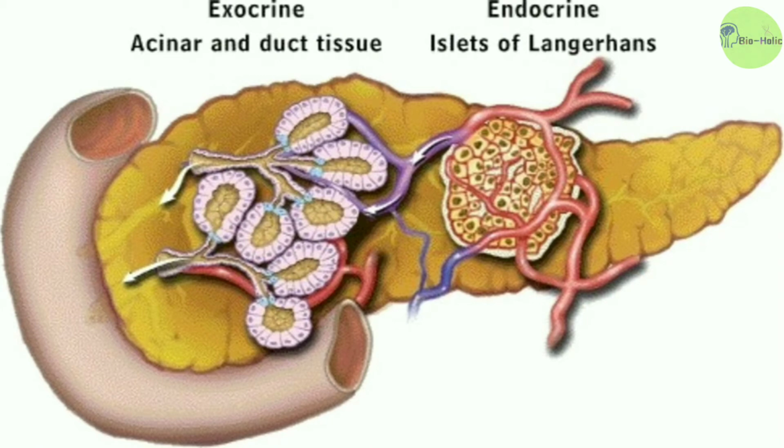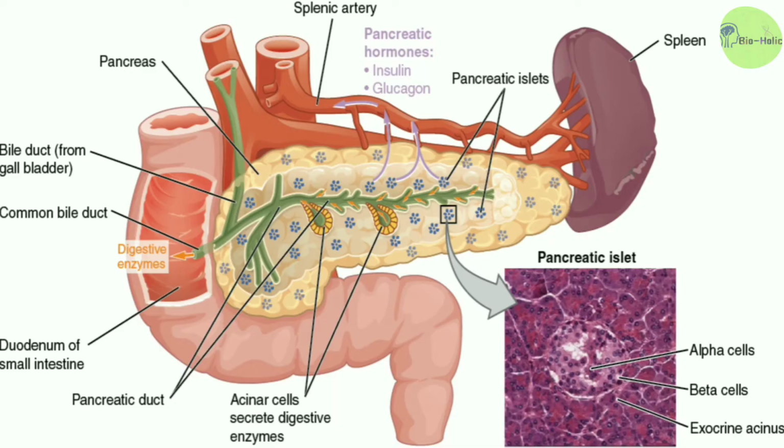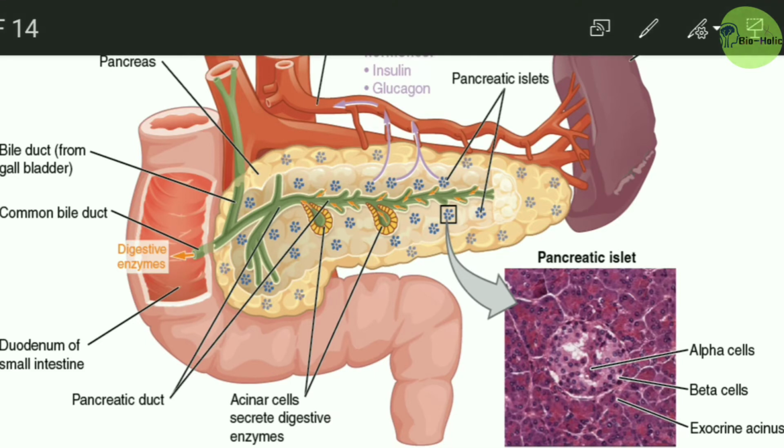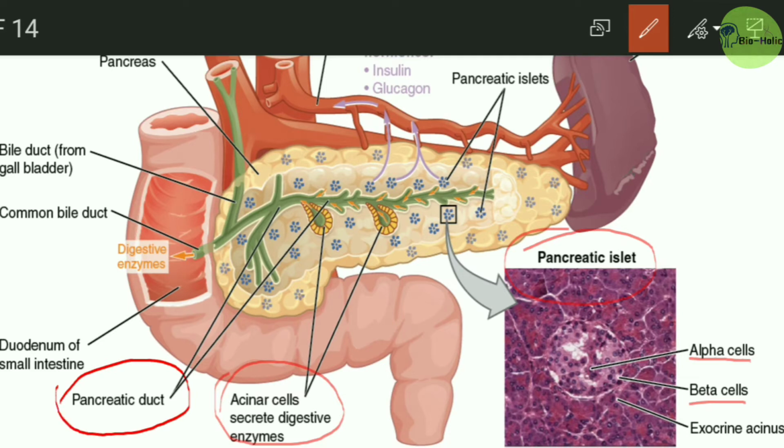Now let's move on to the internal structure. In this section, we can clearly see two types of cell: the acinar cells and the pancreatic islets, which include alpha and beta cells that secrete hormones, and there is a duct which is called the pancreatic duct.